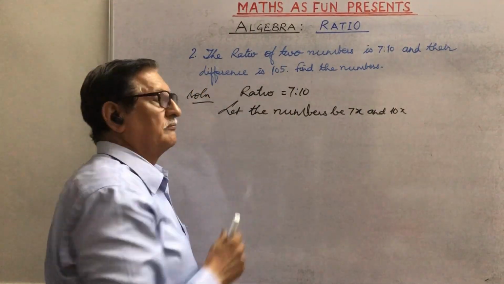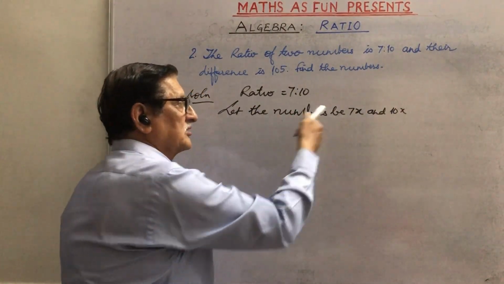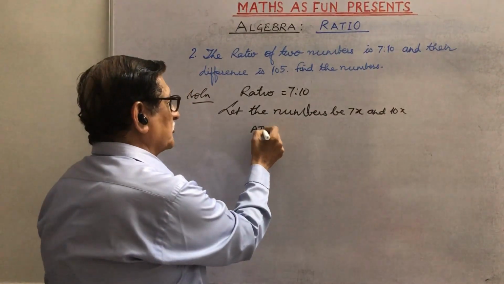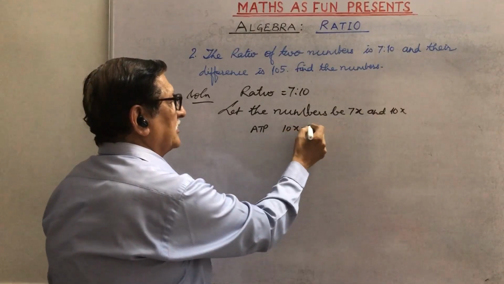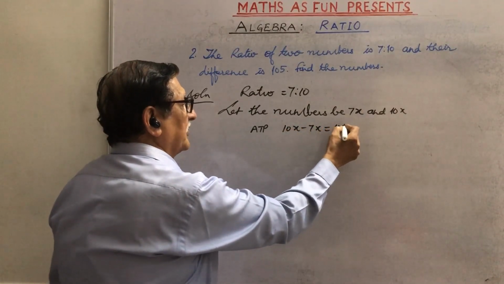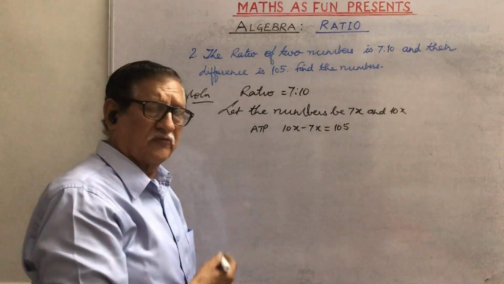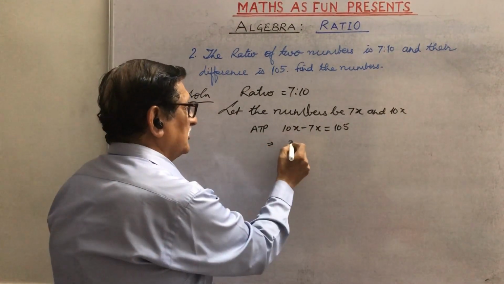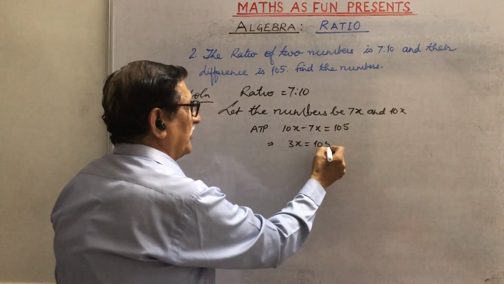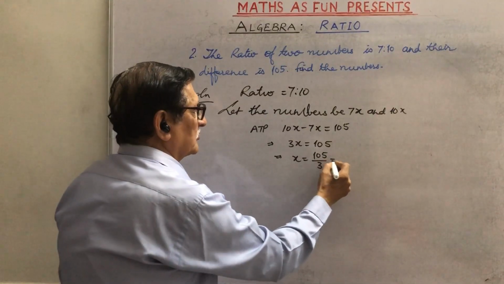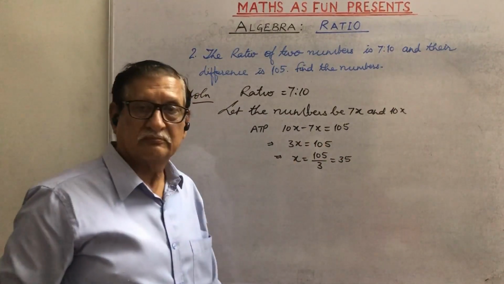The difference of them: we know 10x is more than 7x. It means we can write according to the problem 10x minus 7x is given as 105. We have to simplify this and find the answer. So this gives us 3x is equal to 105. So we are getting x is equal to 105 upon 3, that is 35.